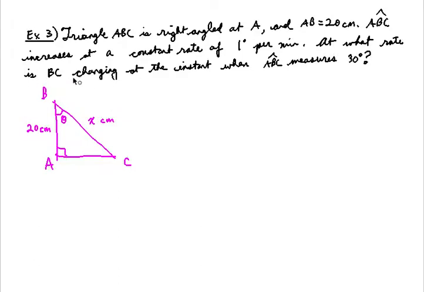At what rate is this side going to be changing at the instant when ABC is 30 degrees? So when theta is equal to 30 degrees, what is the rate of change of BC? What would dx/dt be? That's really the question.